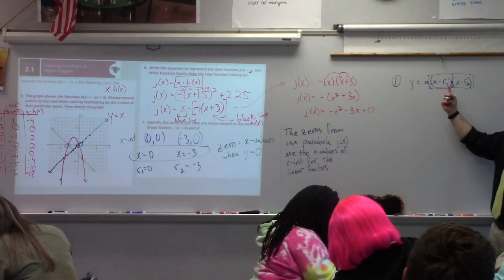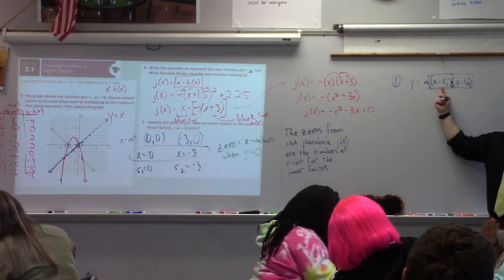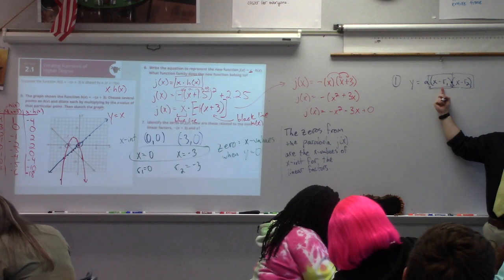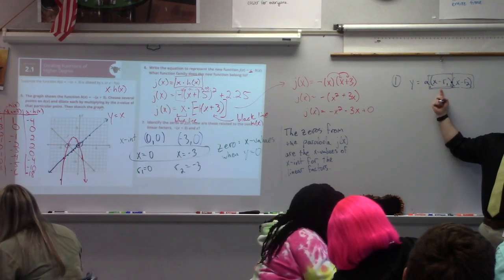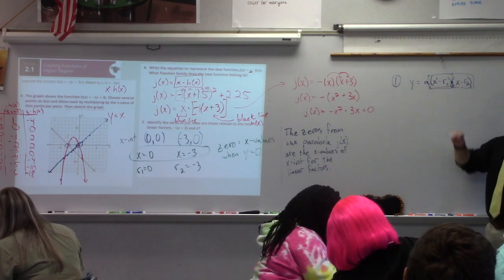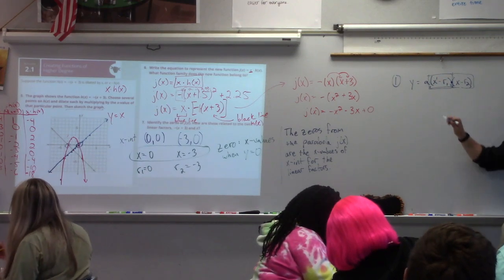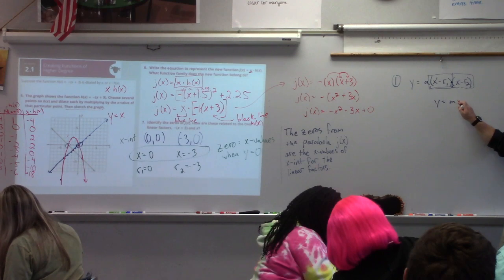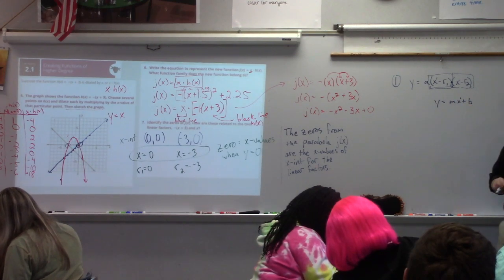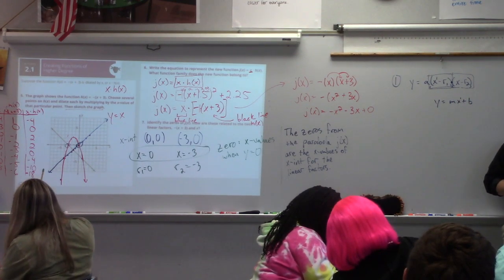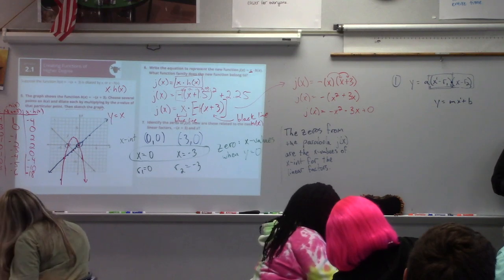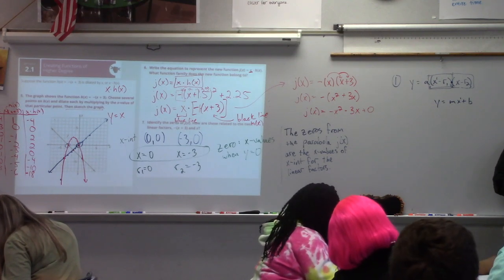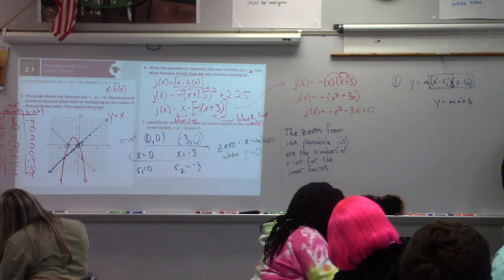But if you were to graph just this factor, it would be a line. Notice how it's x to the first, just like y equals mx plus b. X is to the first, so it would be a linear factor. Does that answer your question, Anthony?